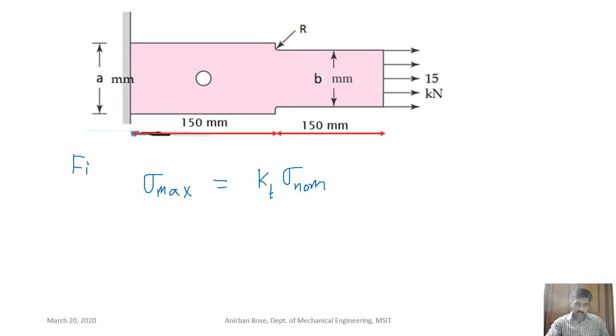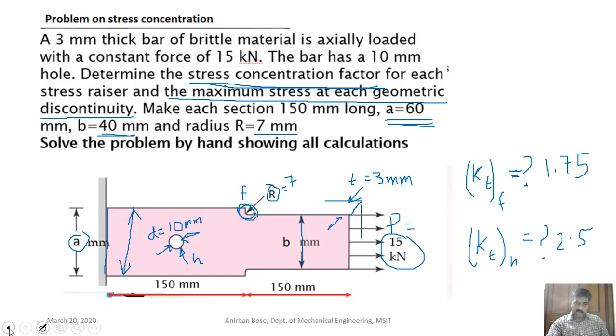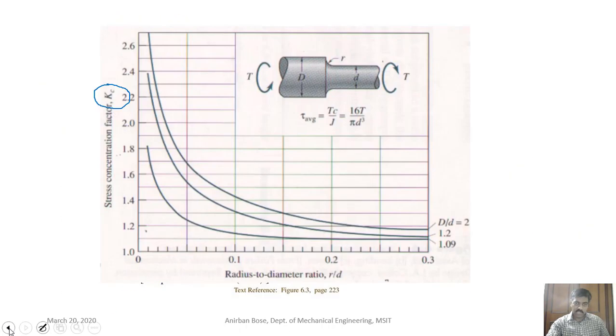Case 1, we are solving it for the fillet. In the table of Kt, you see which area they have considered, and that will definitely help you understand.